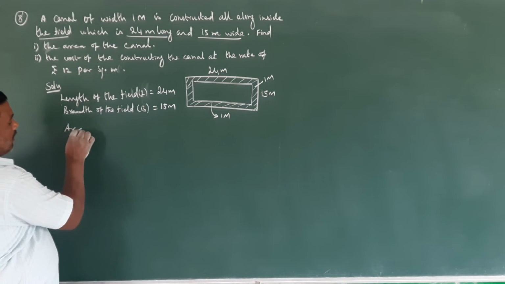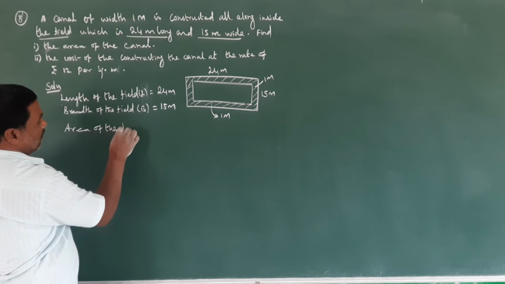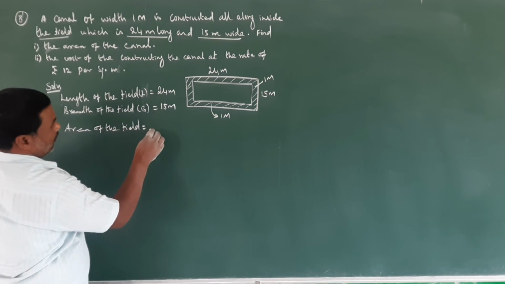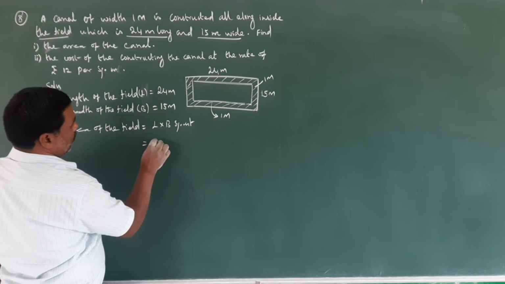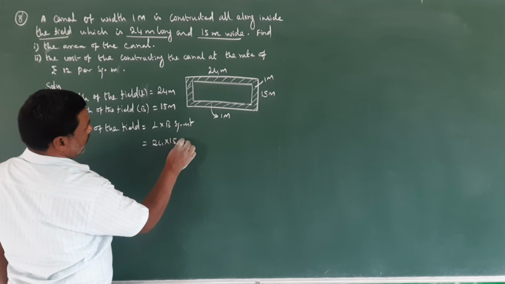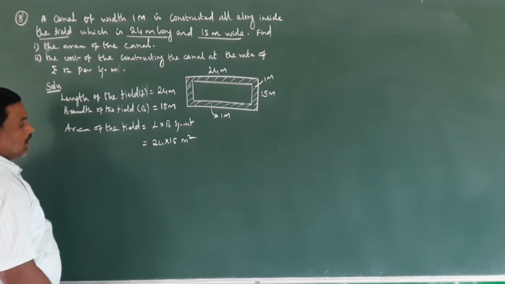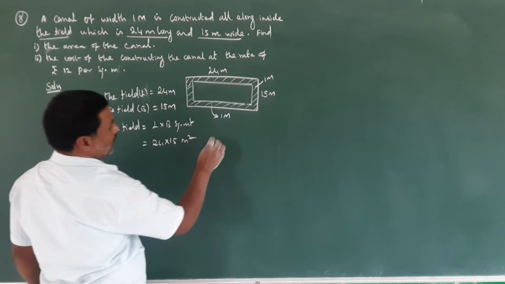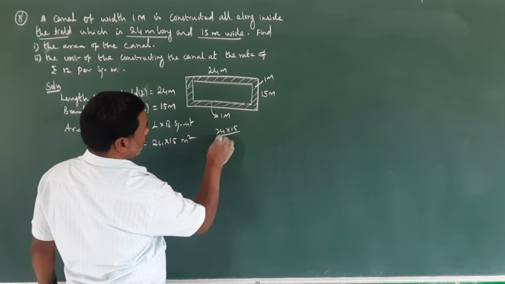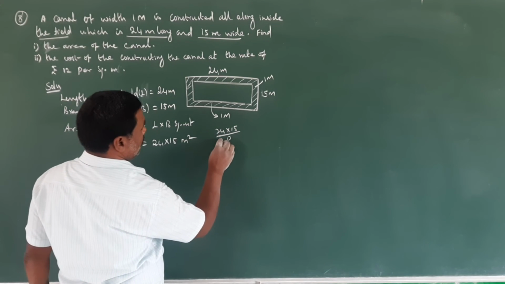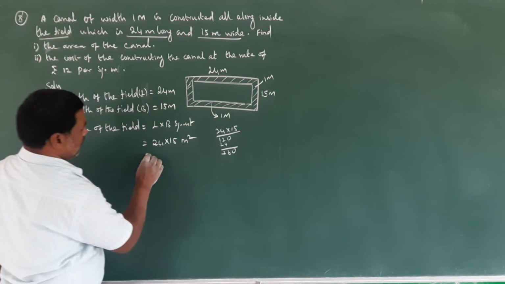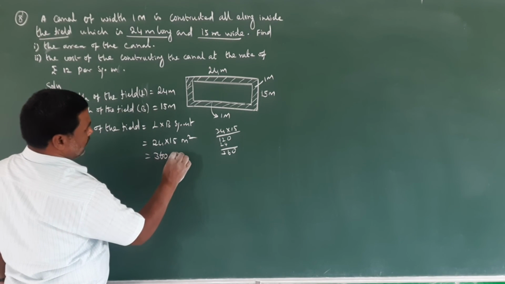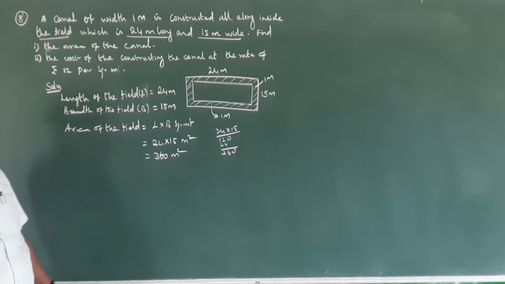Now, area of the field equal to L into B square unit, 24 into 15 meters square. You multiply 24 into 15, which gives 360 meters square. Area of the field is 360 meters square.